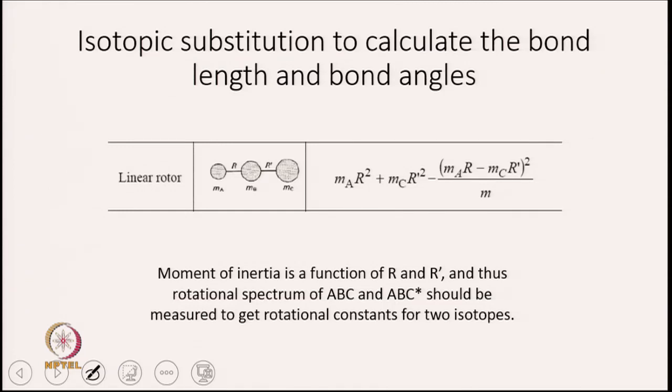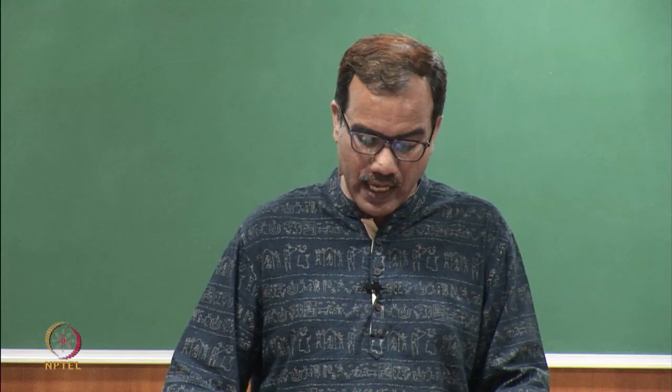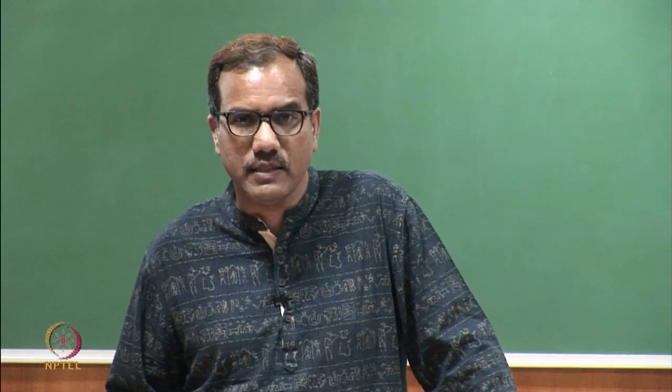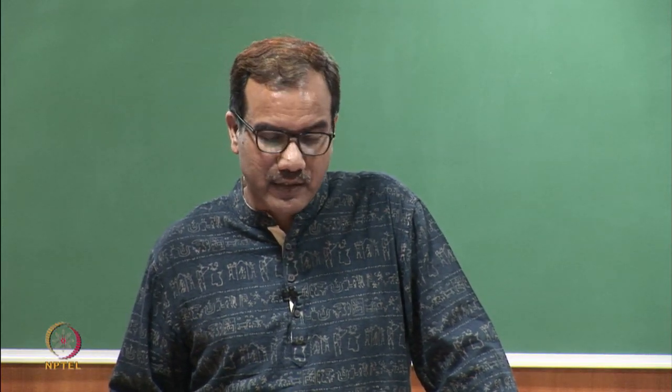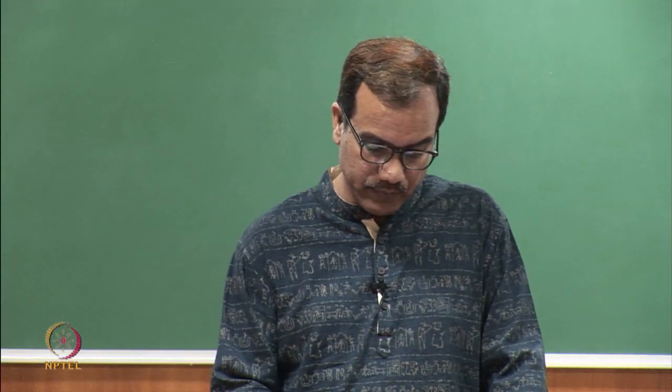C star is basically isotope of C. Everything is same, r and r dash is same, MC differs, and you know what is the MC. Then you have two rotational constants, and your moment of inertia is a function of two variables. So, you have two constants and two unknowns, and so you can calculate r and r dash. And similarly, if your moment of inertia is a function of r and theta, you can get r and theta by isotopic substitution.